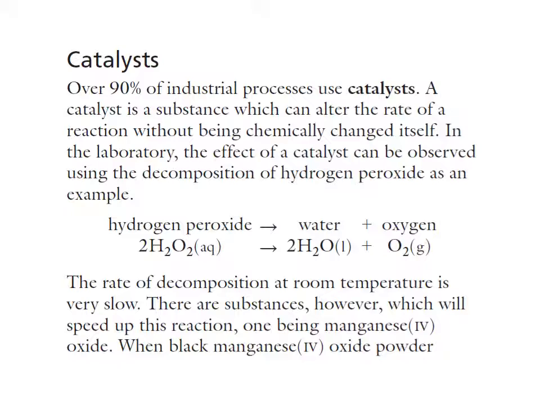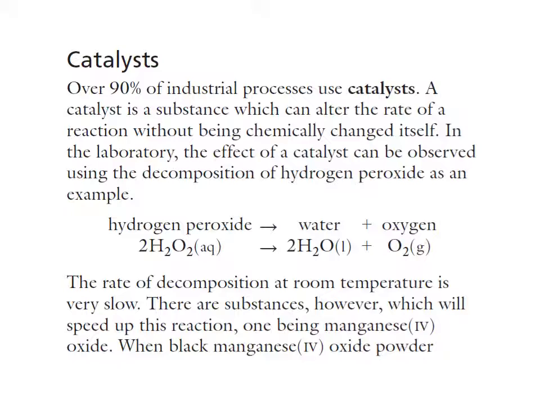In the laboratory, the effect of a catalyst can be observed using the decomposition of hydrogen peroxide. Suppose you are decomposing hydrogen peroxide, it will give you water and oxygen. The rate of decomposition at room temperature is very slow, but there are substances which will speed up this reaction, one being manganese oxide.